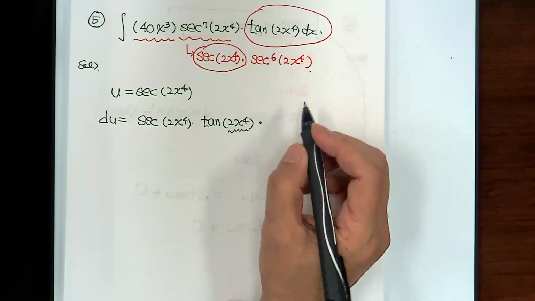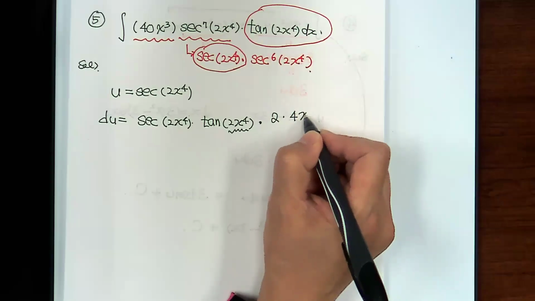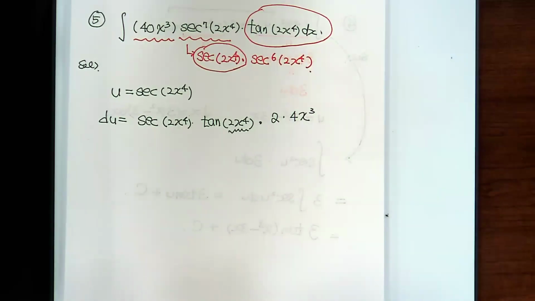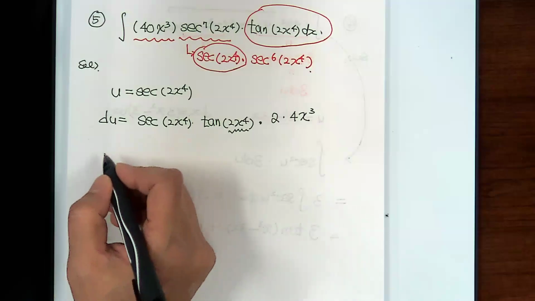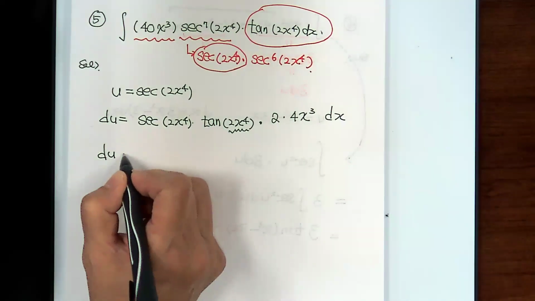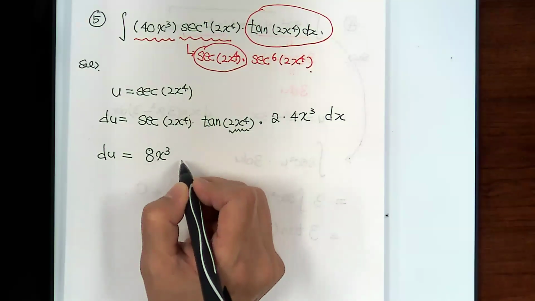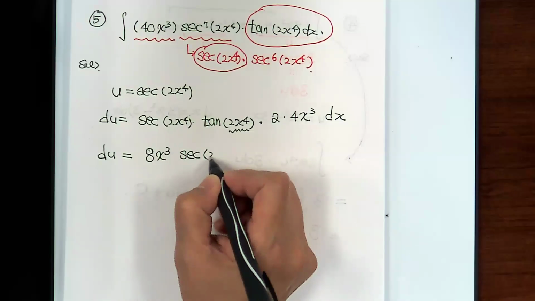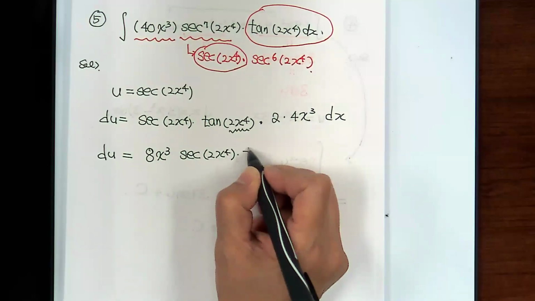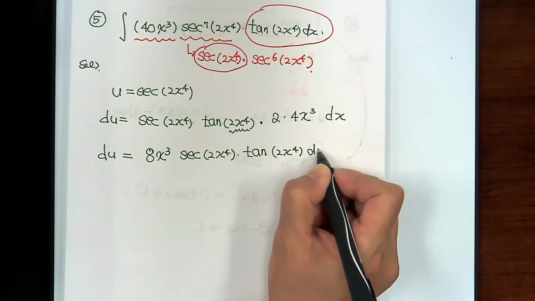So we have to differentiate the inner function again, which is 2 times 4x cubed, dx. So that becomes du equals 8 times x cubed times secant of 2x to the 4th power times tangent of 2x to the 4th power dx.